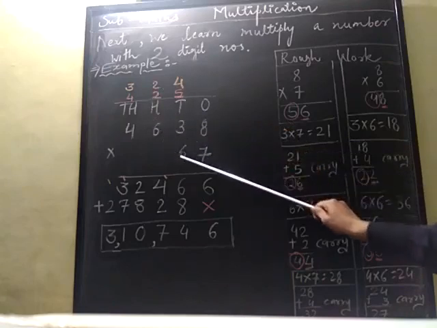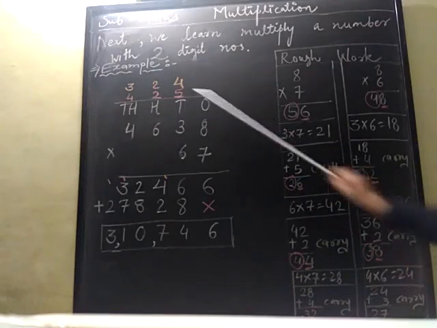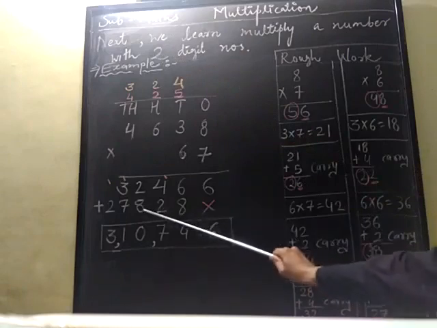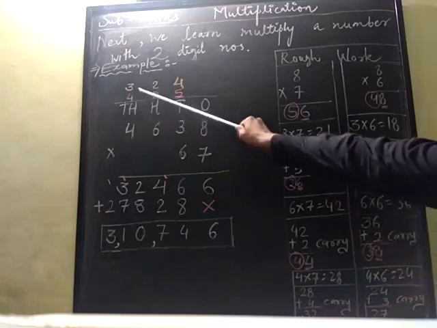Now 6 multiply 6 is 36. 36 plus 2, these two. 36 plus 2 is equal to 38. We write 8 here and carry 3 on the thousands place.